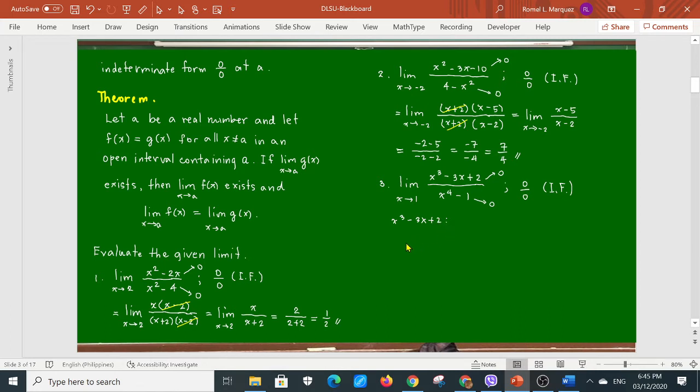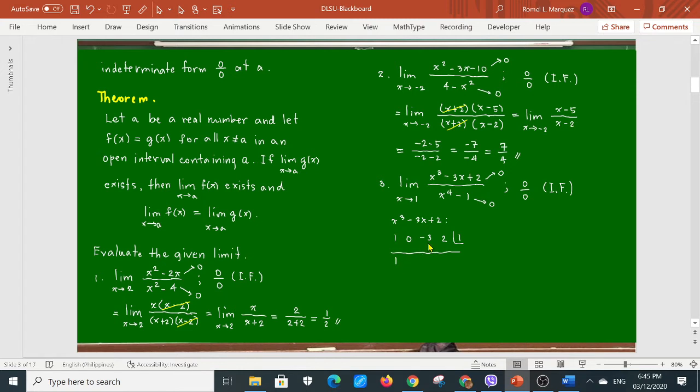Our multiplier here is 1, because it is guaranteed that x minus 1 is a factor, since this polynomial is 0 when x is 1.